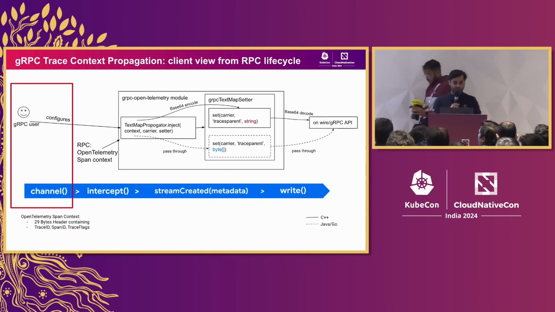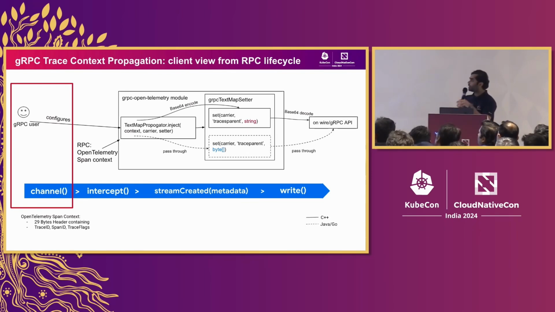So this slide is basically talking a little bit about how the OpenTelemetry plugin in gRPC is implemented. As you can see, the primary piece of information from the gRPC service point of view is the span context, and it is the OpenTelemetry span context. Going back to where Saurabh was mentioning why OpenTelemetry is the standard, this is where the standardization happened.